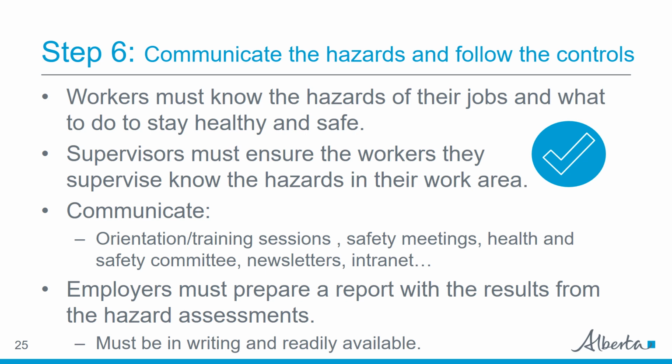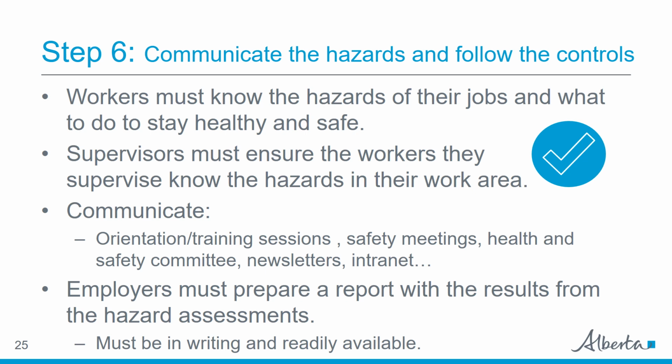Step 6. Communicate the hazards and follow the controls. Workers have to know the hazards of their jobs and what to do to stay healthy and safe in light of those hazards. Make sure all affected workers are aware of and understand the hazards and follow or use the controls in place. The methods used to communicate the information to workers will depend on your organization.